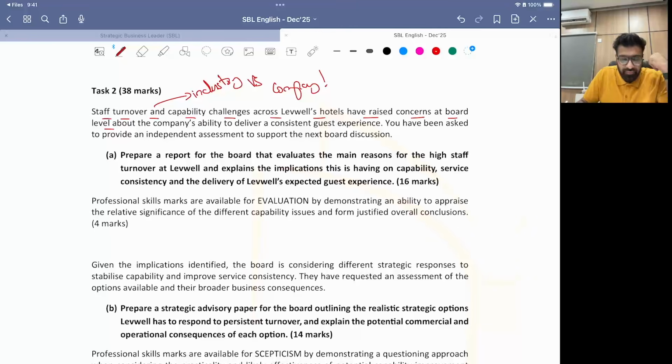About the company's ability to deliver a consistent guest experience, you have been asked to provide an independent assessment to support the next board discussion, right?